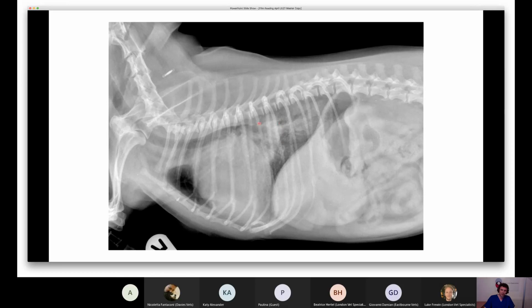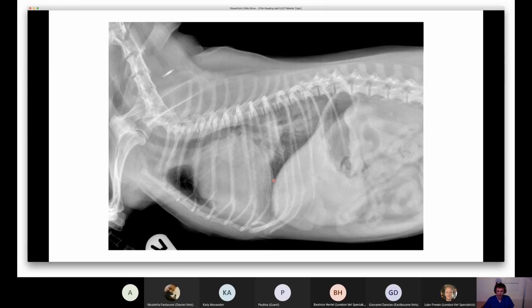That's something that we see most often with left atrial enlargement. Thankfully, that's a really common change in patients presenting with either mitral valve disease or dilated cardiomyopathy, which are the two most common cardiac diseases that we're likely to see in dogs, with the small dogs having mitral valve disease and the big dogs having dilated cardiomyopathy.